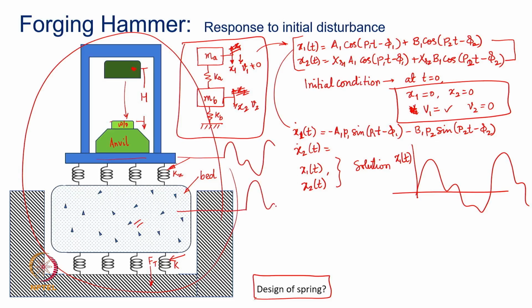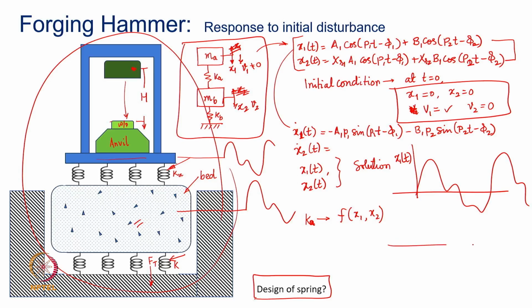So this bed is also going to move, and then what will happen is the spring, let us say, if I say Ka is the spring of the anvil, that Ka is going to be subjected to a stretch, which is going to be a function of x1 as well as x2, and it is going to be a function of time t, right.